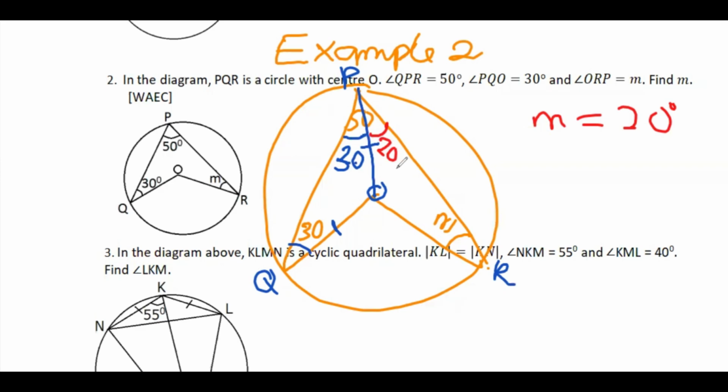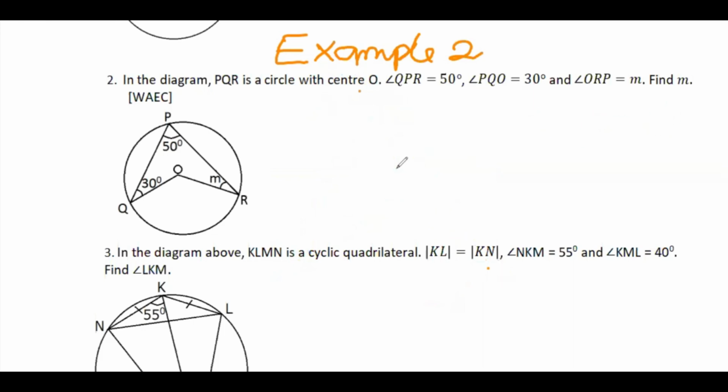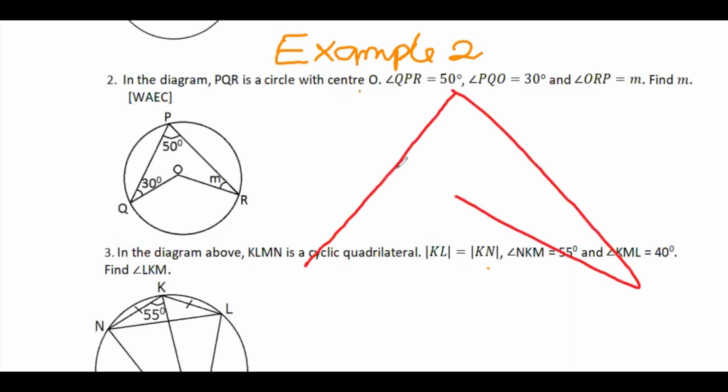So another way of viewing the problem is we can bring out the diagram itself so that we have something like this. You know, this place is given to be 50.